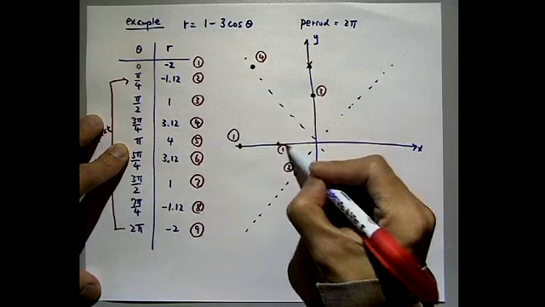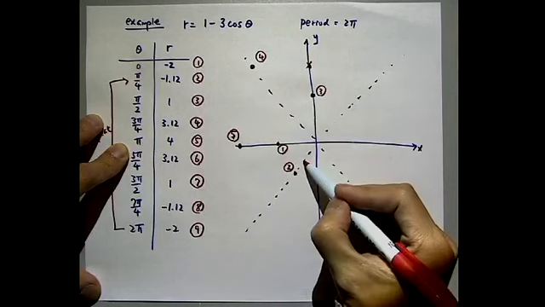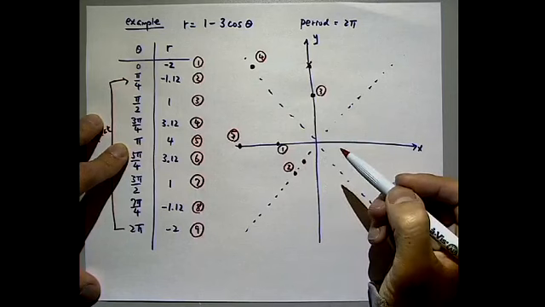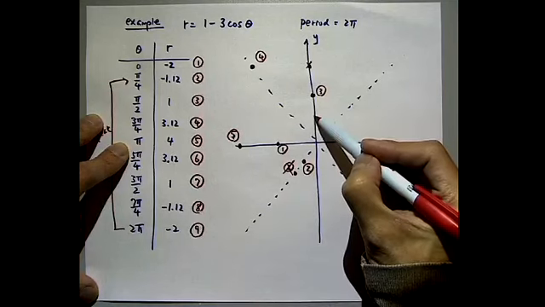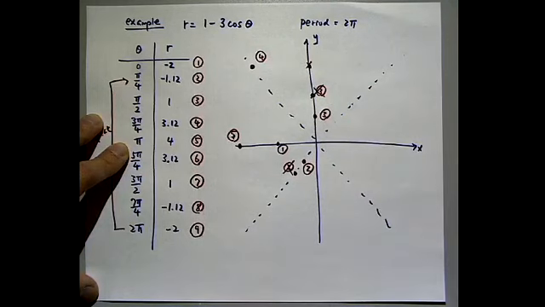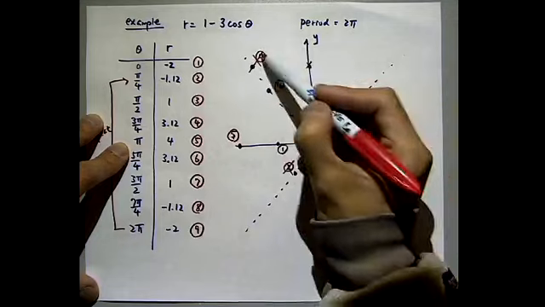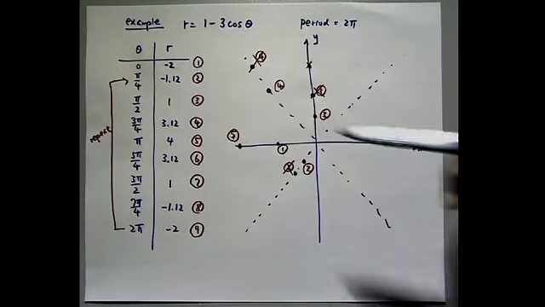That's 1, and that's 5. I need to bring everything back. I'm doing fine, I'm just going to have to adjust my axes a little bit. There we go. Sorry about that, but you get the idea.